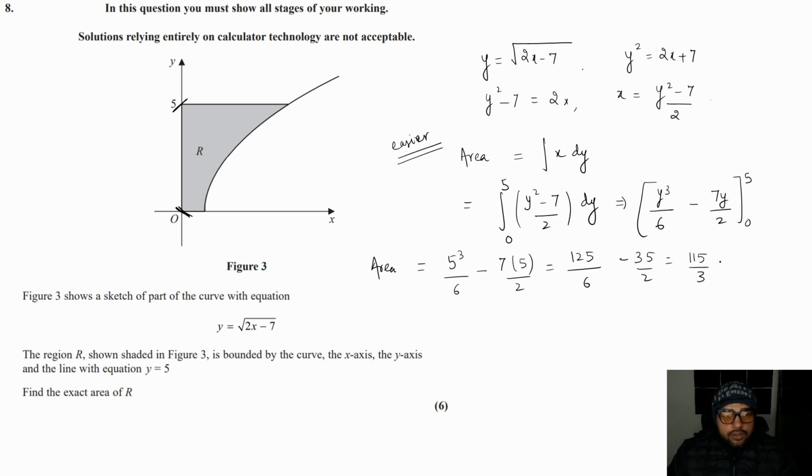So this is the area of the curve, in square units, which we need to write here.